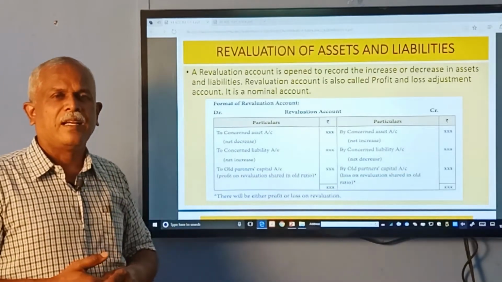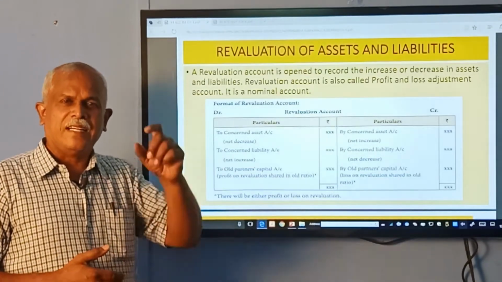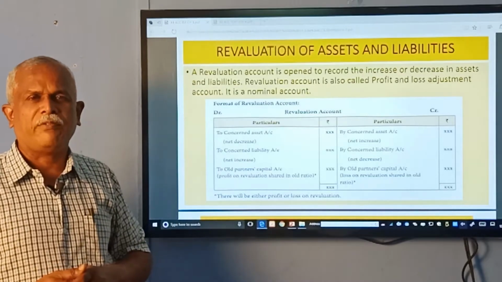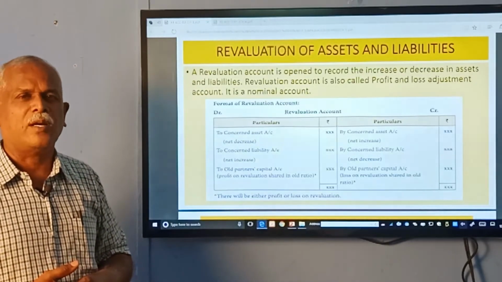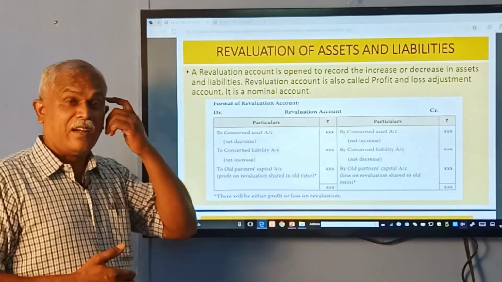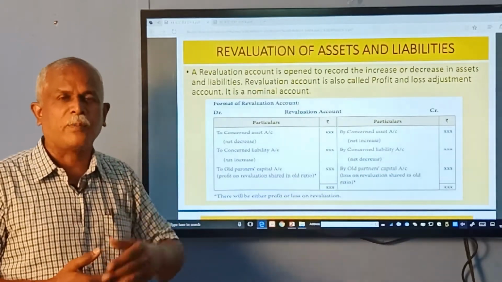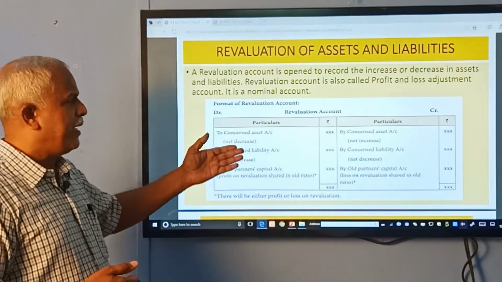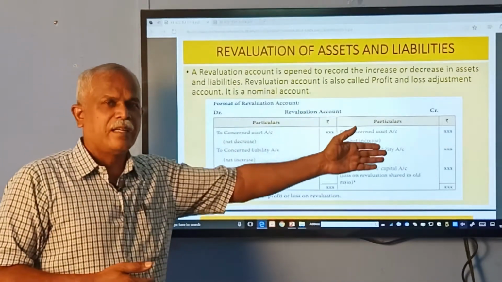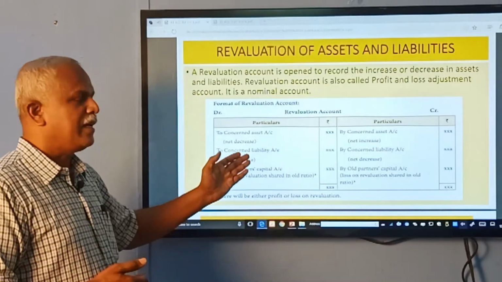In the same way for liabilities, a decrease in liability leads to profit and an increase in liabilities leads to loss. And unrecorded assets lead to profit, unrecorded liabilities lead to loss. In this way the profits are credited and losses are debited.